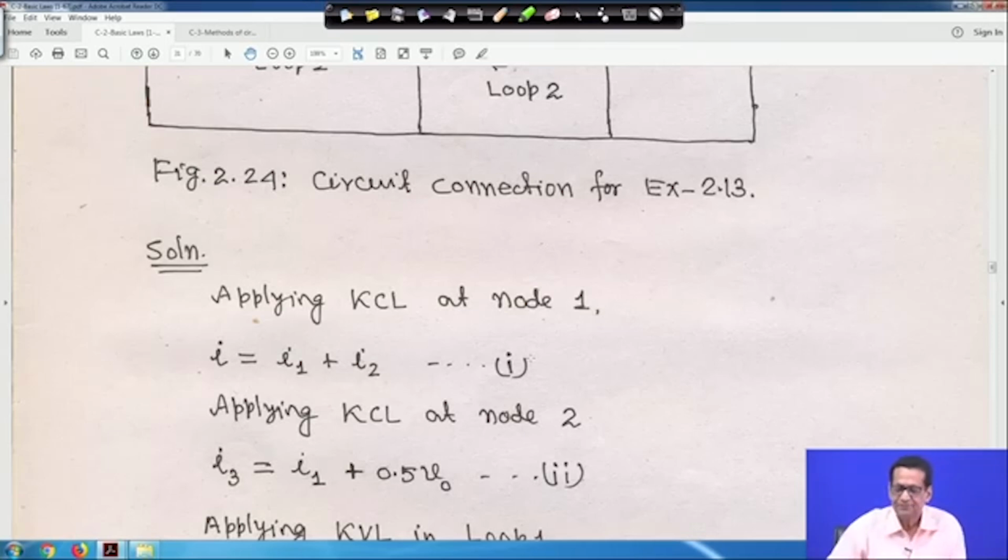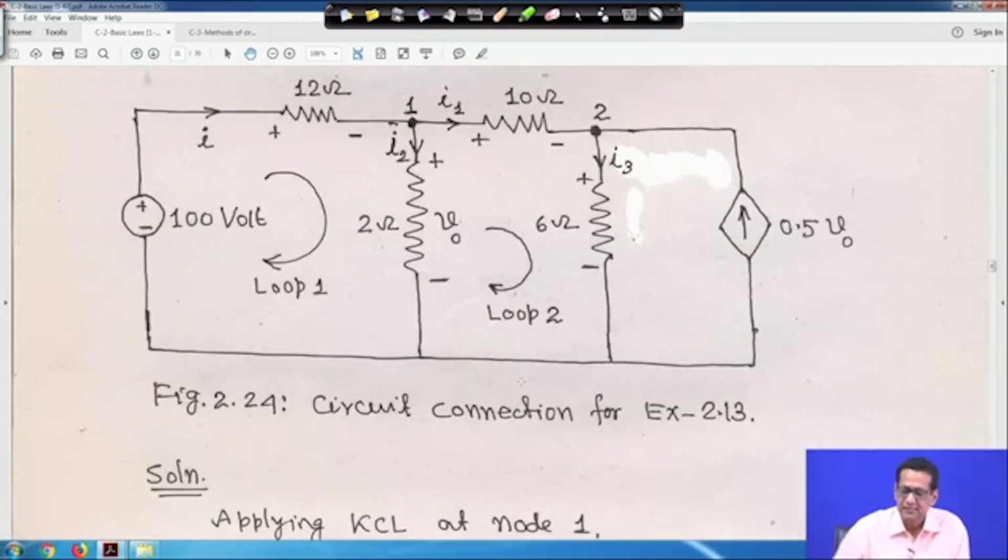Now similarly, go to node 2. The current IC is a dependent source current, equal to 0.5 V0.